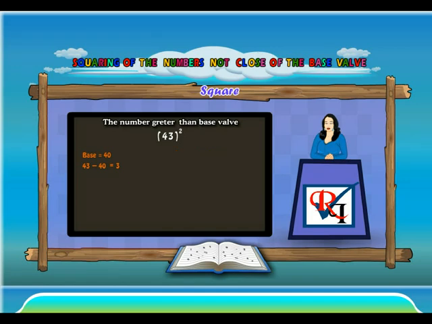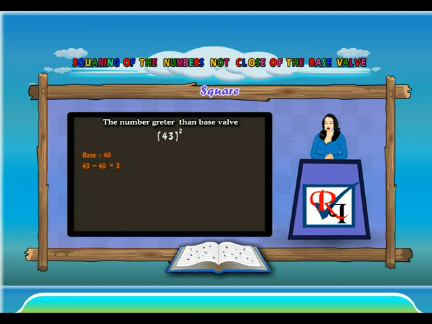If you are getting confused with previous examples in which we were subtracting numbers from the base, then don't worry. We are simply calculating the difference between them. If you practice this type of example, then you will come to know that this subtraction is only to get the difference of the number from the base value.